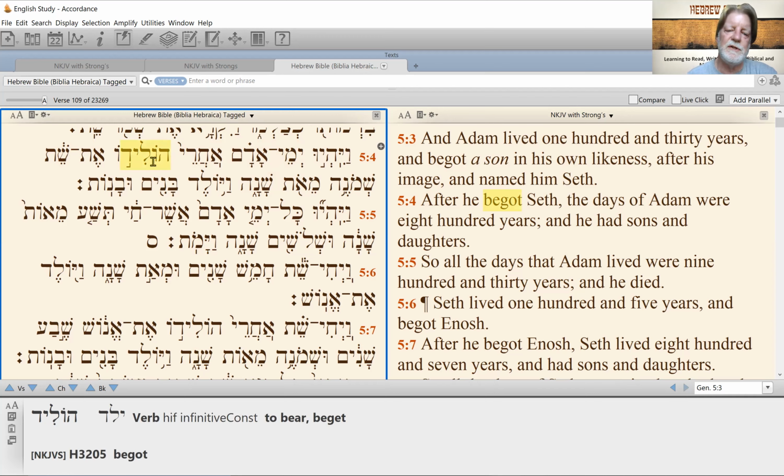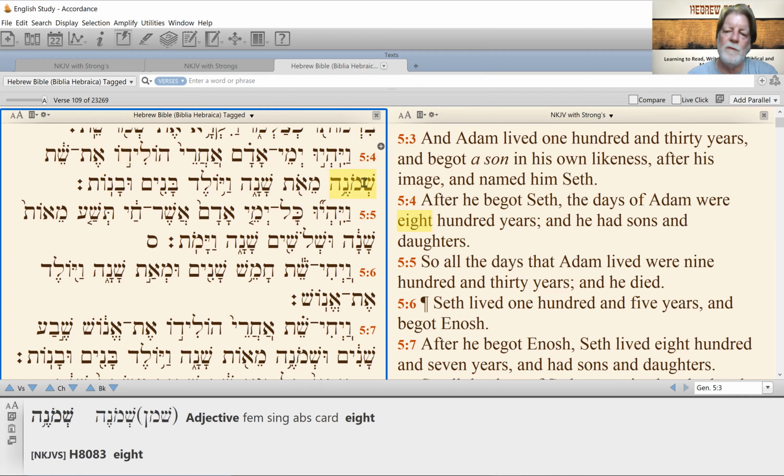And notice that this is Hifil, so he caused him to be born. He wasn't just born, but he was caused to be born by the laws of reproduction that God wove into the fabric of the universe.